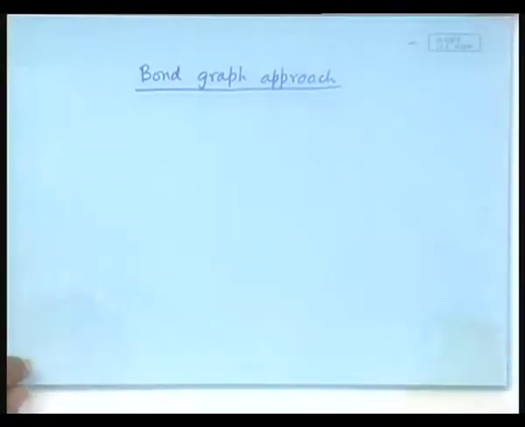So, the essential idea is to formulate some kind of a language in which the character of the system can be conveyed to the computer, so that it can then follow a very algorithmic procedure which is already programmed into it in order to derive the differential equations.